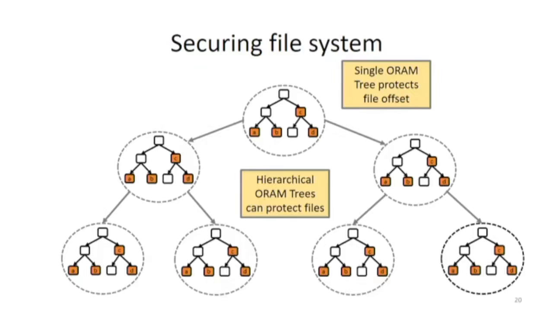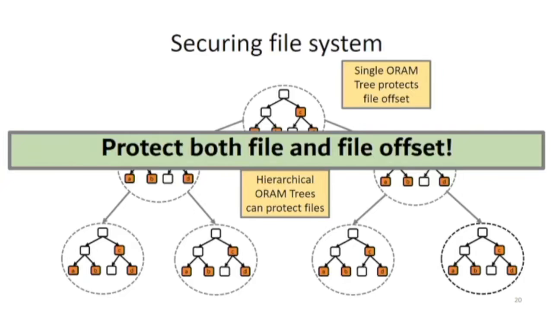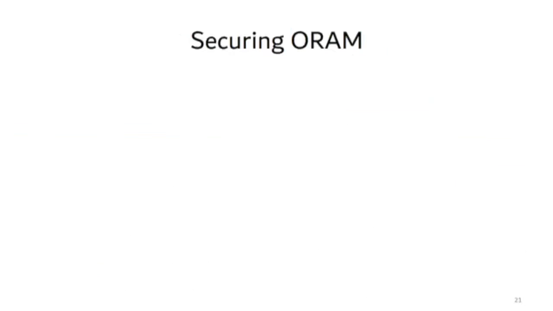Then we have a hierarchical ORAM tree layout where each individual file is again an ORAM tree. Using the single ORAM tree, you can protect the file offset. Using the second tier ORAM tree, you can protect what file exactly was accessed, because then you can do another ORAM operation on the larger tree. So at the end of the day, we protect both the file and the file offset as a result of this.